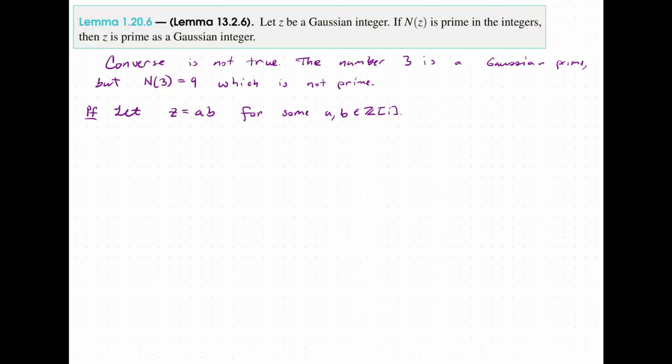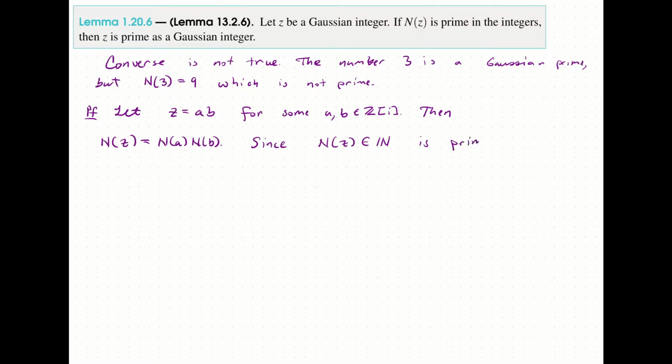So we know that the norm of z is prime in the integers, and so we're going to take norms of both sides. So the norm of z is equal to the norm of a times the norm of b. Since the norm of z is prime, and now we're working over the integers, this is a natural number.